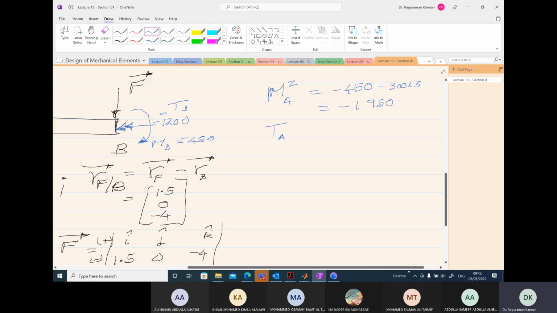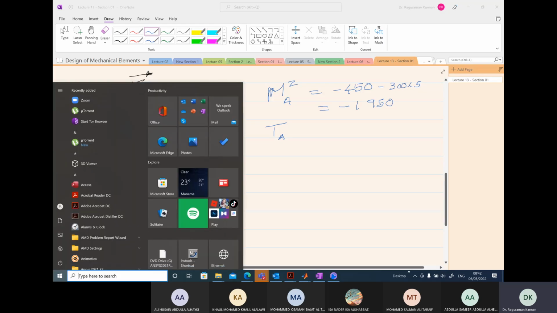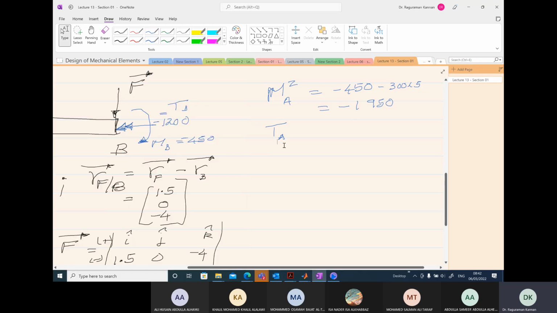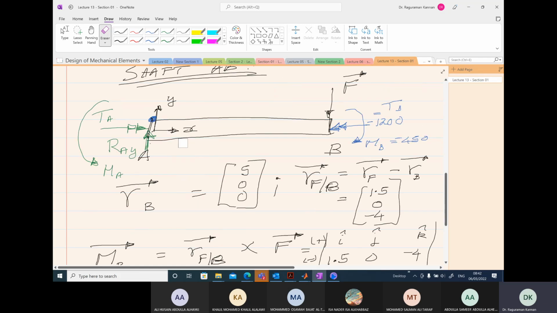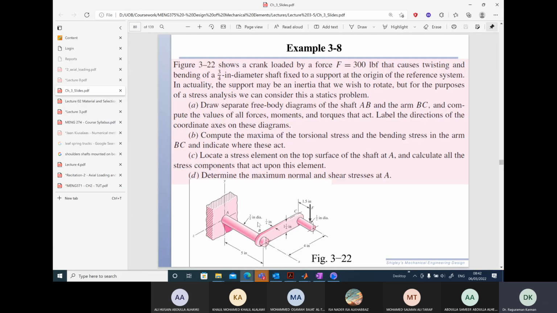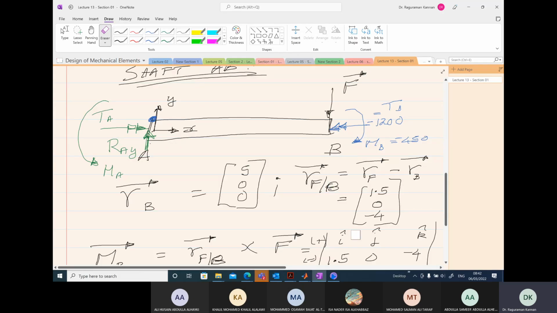Torque at A. Again, see here. I think it is not with respect to Z axis. Sorry, I may have missed something. Let's be sure. Yes, it is with respect to Z axis. Absolutely correct.